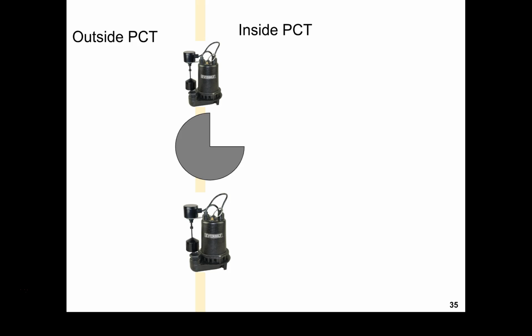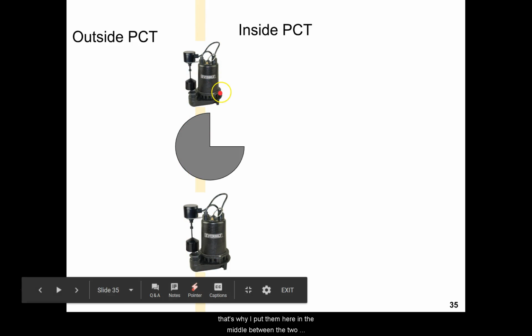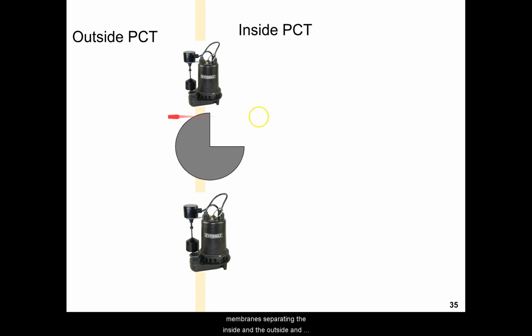So you have these transmembrane proteins, and that's why I put them here in the middle between the two membranes, separating the inside and the outside. And some of them are pumps, so that's why this guy is a pump. And some of them are proteins for facilitating active transport.